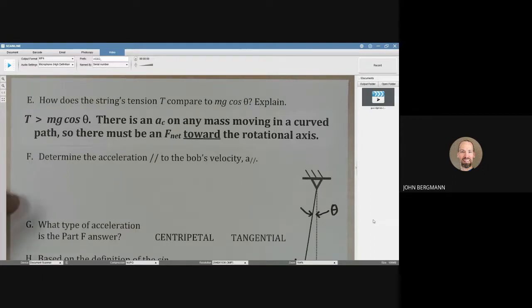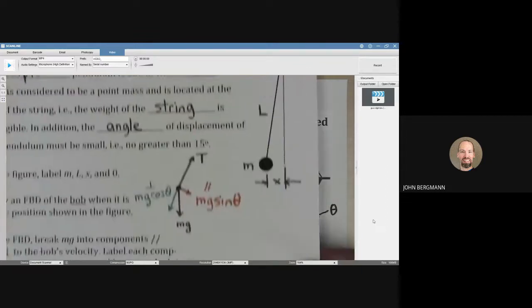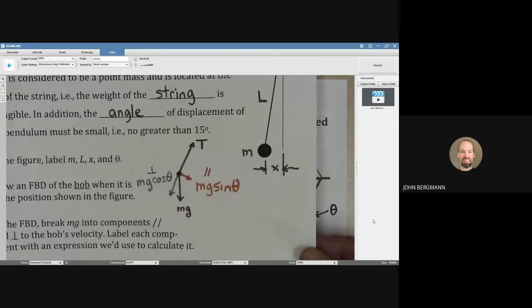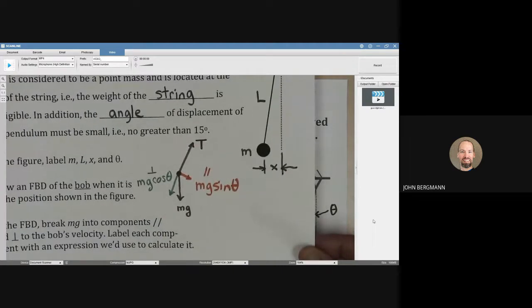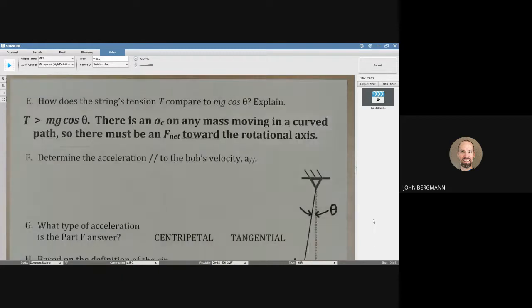Let's determine the acceleration parallel to the bob's velocity. We could call it a parallel. We need to look at our free body diagram. There it is. And in the parallel direction, the only force is mg sine theta. Well, that's kind of nice. All right.